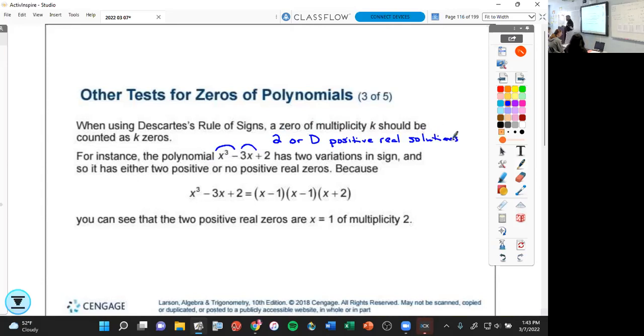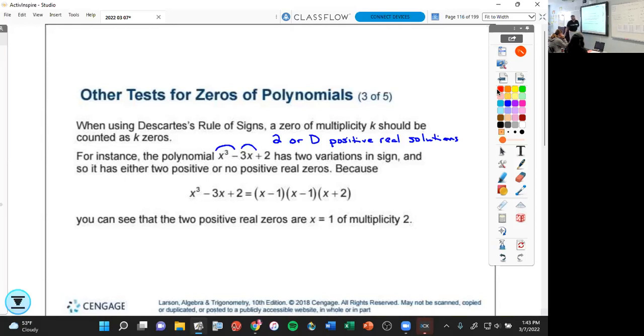Now, I do want to say one thing here. It is possible that these real solutions are not rational. It is possible that there's a square root or an irrational solution, okay? So I have either 2 or 0 positive real solutions.